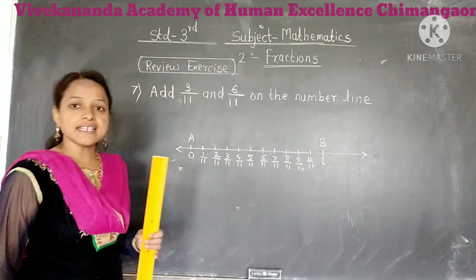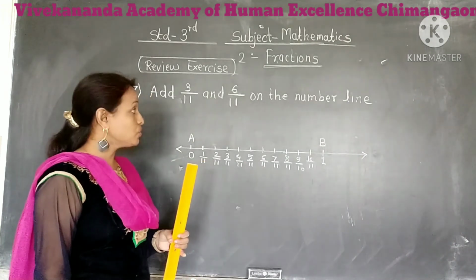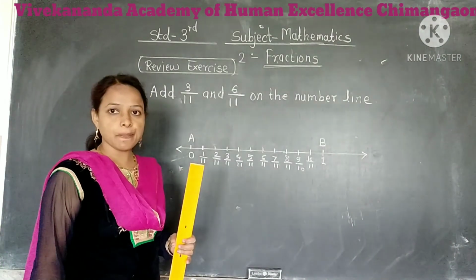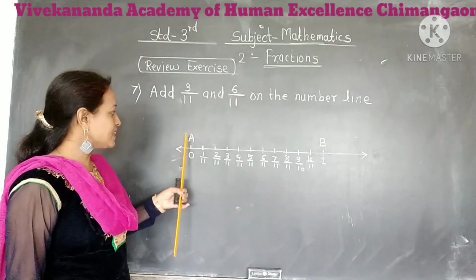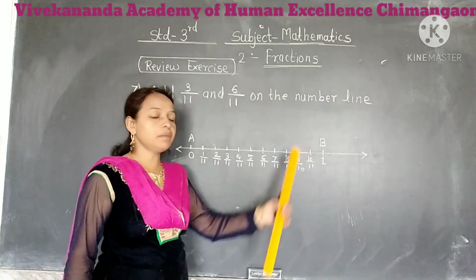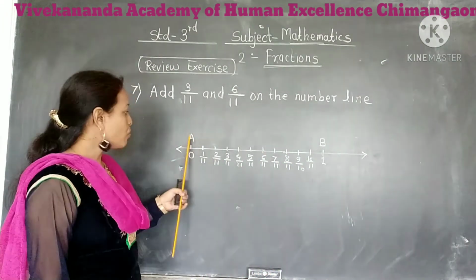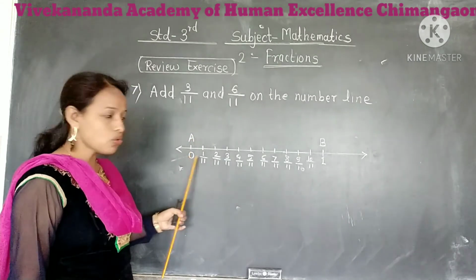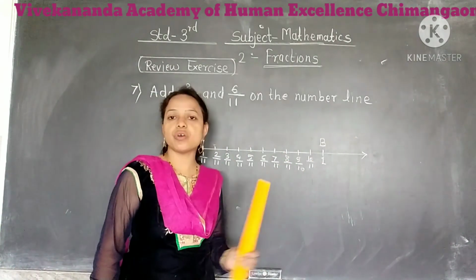So here line segment AB is divided into 11 equal parts, and on it we represent point A and B. Here point A represents 0 and point B represents 1.